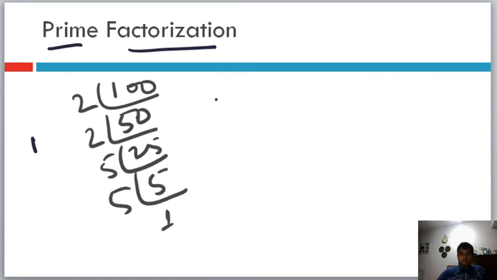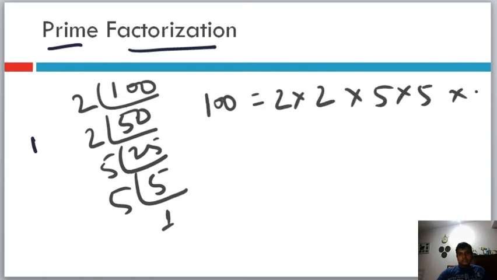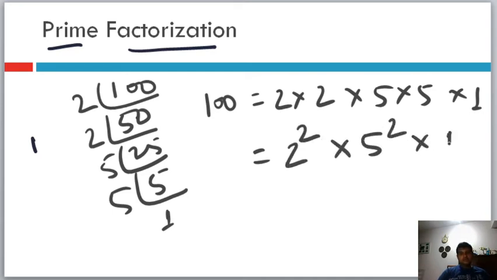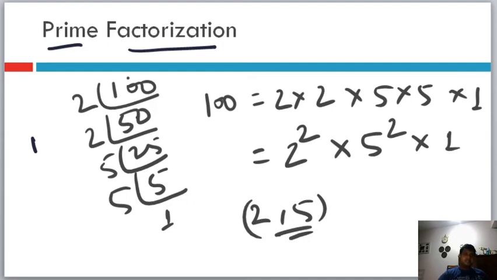So 100 will be written as 2 into 2 into 5 into 5 into 1. Now see, 2 is written twice, which basically means 2 raised to the power 2 and 5 raised to the power 2 into 1. But the prime factors are the same, 2 and 5. So prime factors don't change. Keep that in mind. There can be bigger numbers, but the prime factors might be the same.